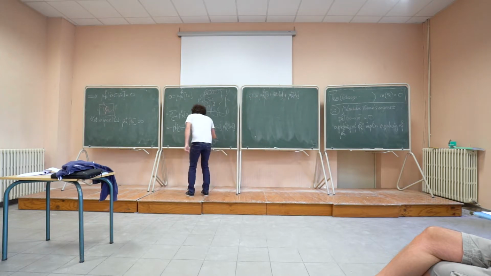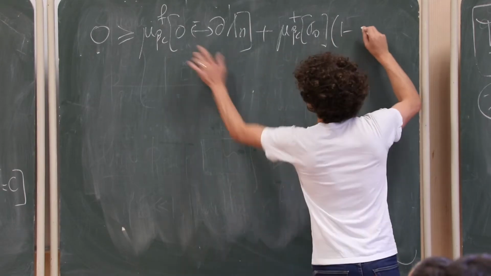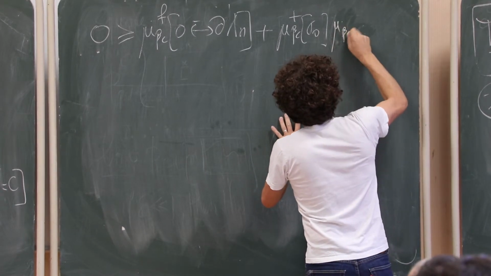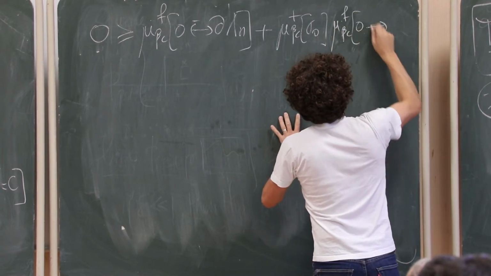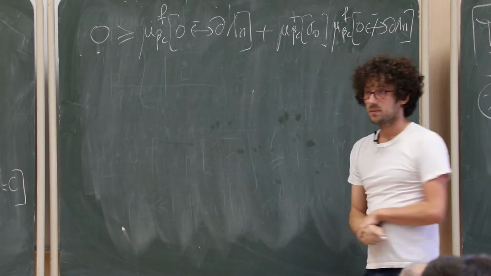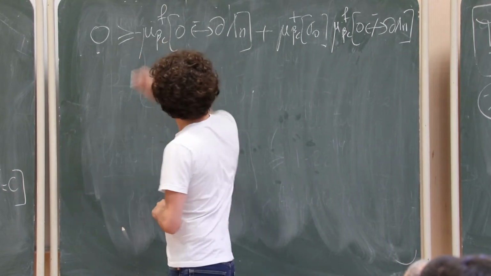So this is not containing 0. And this is exactly 1 minus this. Or if you want, it's exactly mu beta c free of 0 not connected by minuses to the boundary. Right. And I lost a minus there. Yes.